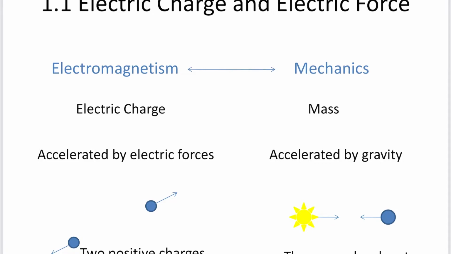In electromagnetism, we consider the motion of an object with electric charge. The electric charge has a similar role to the mass in mechanics. An object is accelerated by gravity in mechanics. An object with electric charge is accelerated by the electric force in electromagnetism.